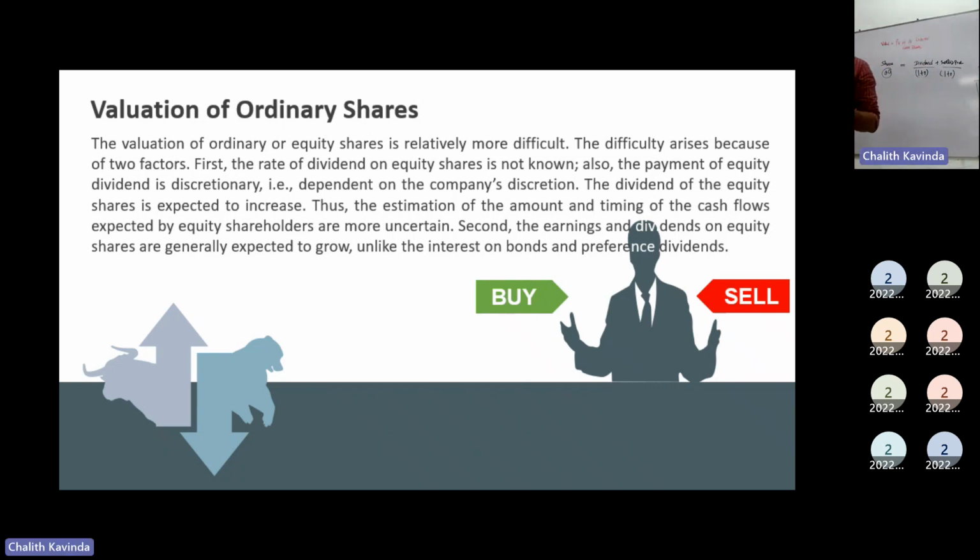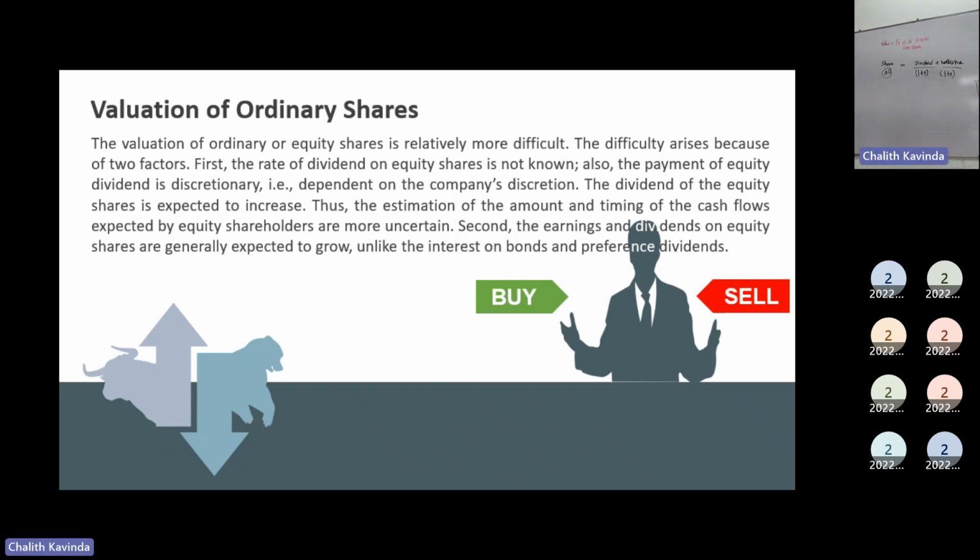But if you consider the debenture, what are the cash flows associated with debentures? The debenture holder gets interest, then the maturity value or the invested value. Is it guaranteed? It's guaranteed. So as a debenture holder, you already know your expected cash flows because they have been fixed.